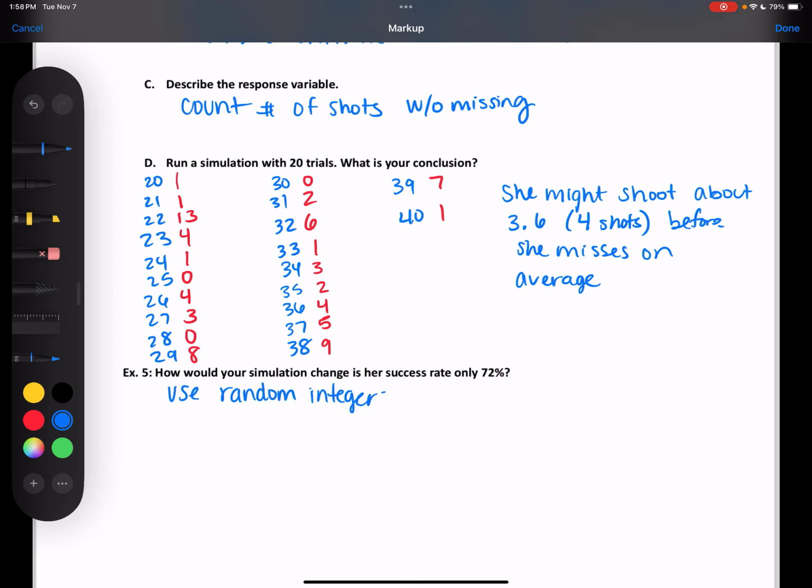Basically we would do the number 0, 0 through 99 on the table, where 0, 0 through 71 is a good shot, and 72 through 99 is a miss.